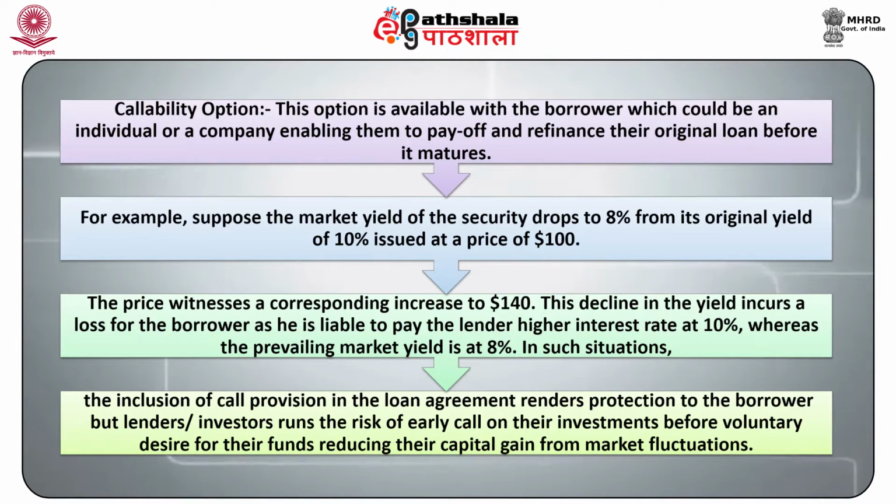In such situations, the inclusion of call provision in the loan agreement renders protection to the borrower, but lenders, investors run the risk of early call on their investments before voluntary desire for their funds, reducing their capital gain from market fluctuations. The borrower can pay off its debt back to its lender and reissue fresh security at a lower cost of prevailing market interest rate.